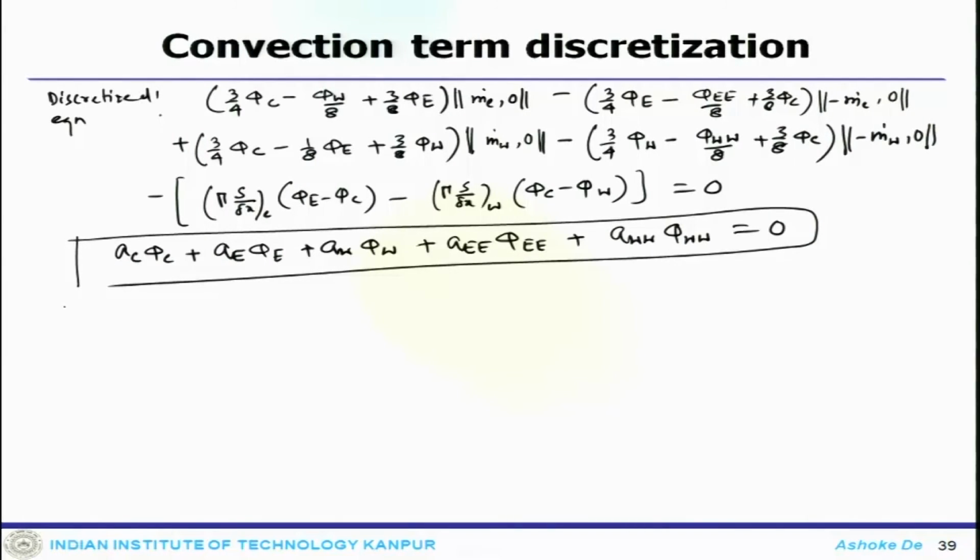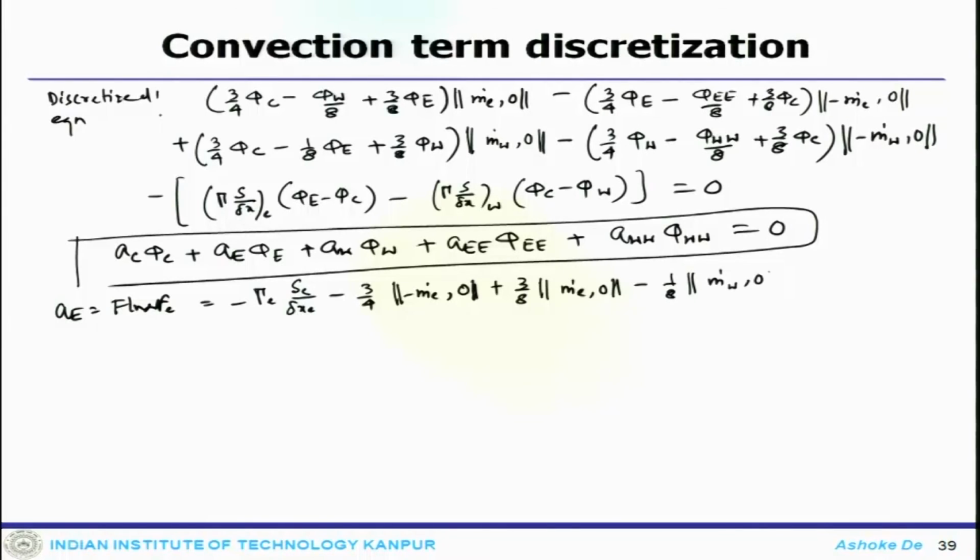The term A E equals the flux F E, which will be gamma E A E by del x E minus 3 by 4 m dot E 0 plus 3 by 8 m dot E 0 minus 1 by 8 m dot W 0.